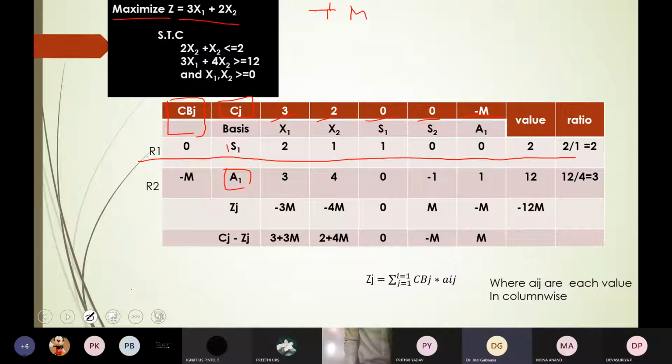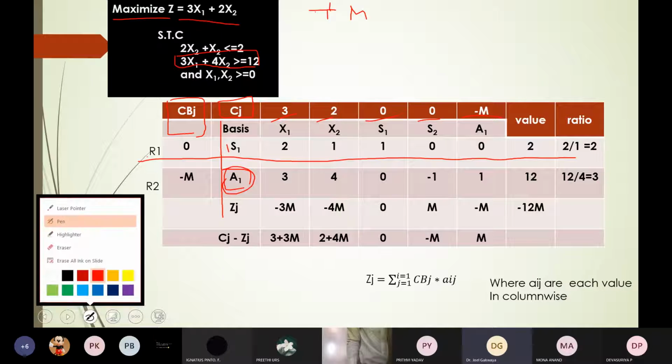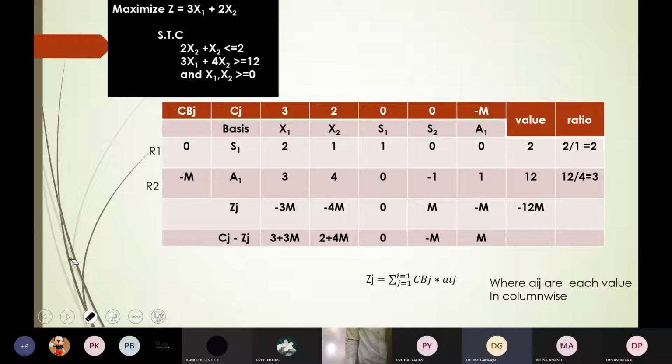Clear? Look at the second equation here. Since it has been converted, what do we do in the basic variable column? We have to consider the artificial variable. So here, what did we have? The first row. For x1, the coefficient is 2, and for x2, we have 1.